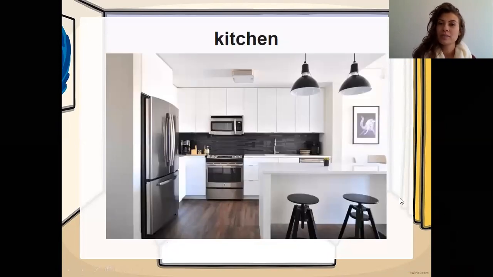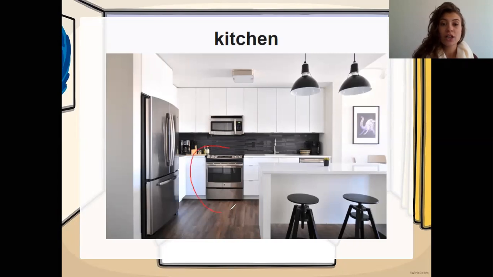And this one. What is the name of this room? That's the kitchen. Great. And how do you know it? Yeah, it's because it's the place where we cook. Great.